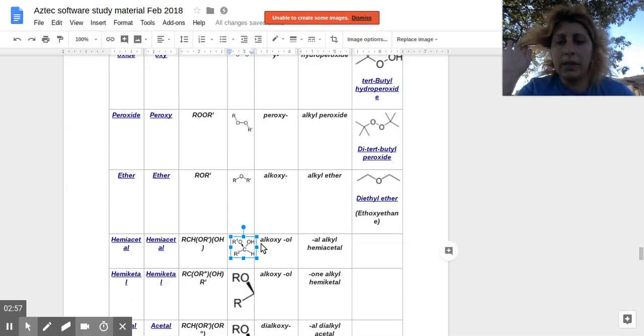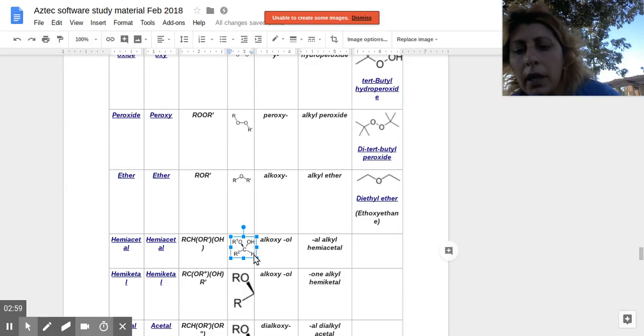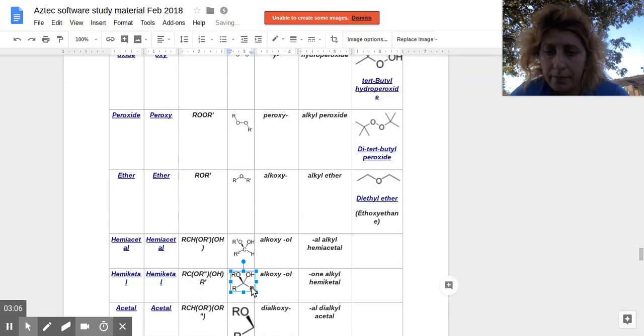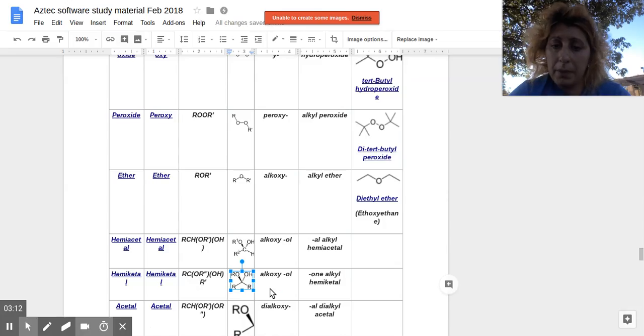Hemiketal is RCOROHR. So basically similar to the previous, except there's an extra R group in place of a hydrogen.